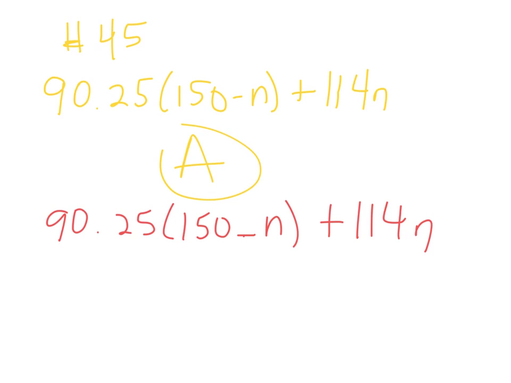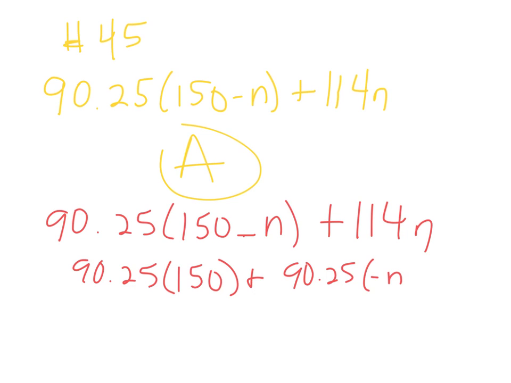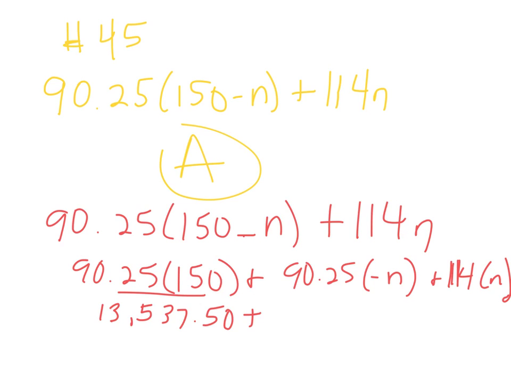So we would multiply out 90.25 times 150, plus 90.25 times negative N, plus 114 times N. That would be 13,537.50, when we multiply this together, plus, this was a negative here, 90.25N.